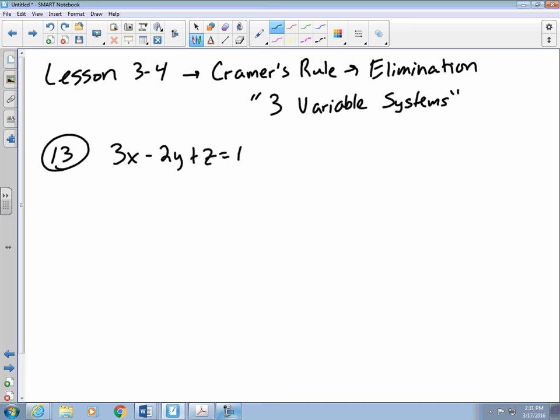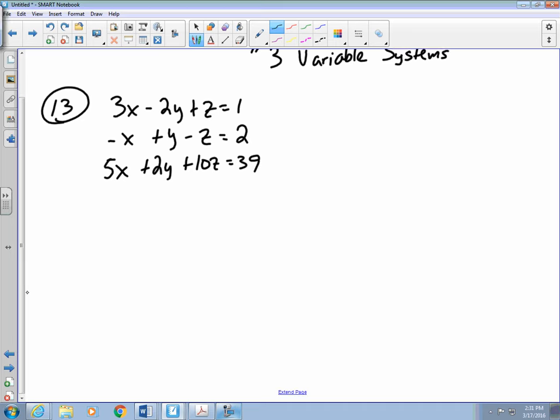Okay, let's see, negative x plus y minus z equals 2. I want to make sure I don't copy it wrong. 5x plus 2y plus 10z equals 39.